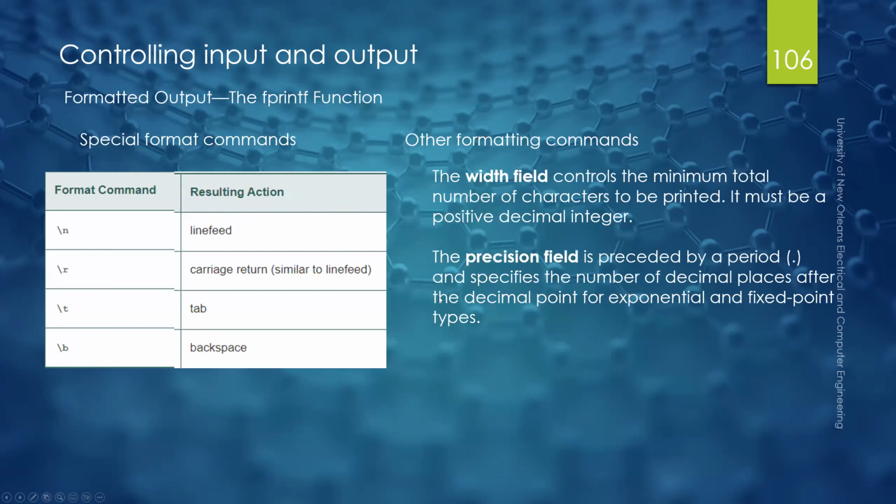Okay. And these are the other special format commands that I mentioned briefly in the previous slide. Of course, we have the \n for line feed. We can also use \r, which is similar to \n. \n is more commonly used. \t for tab, and you can also backspace, okay, if you need to.